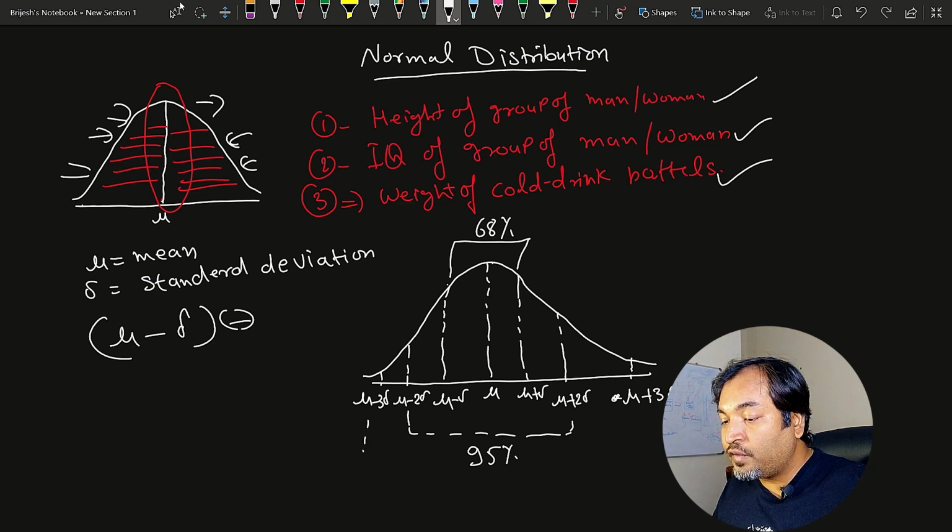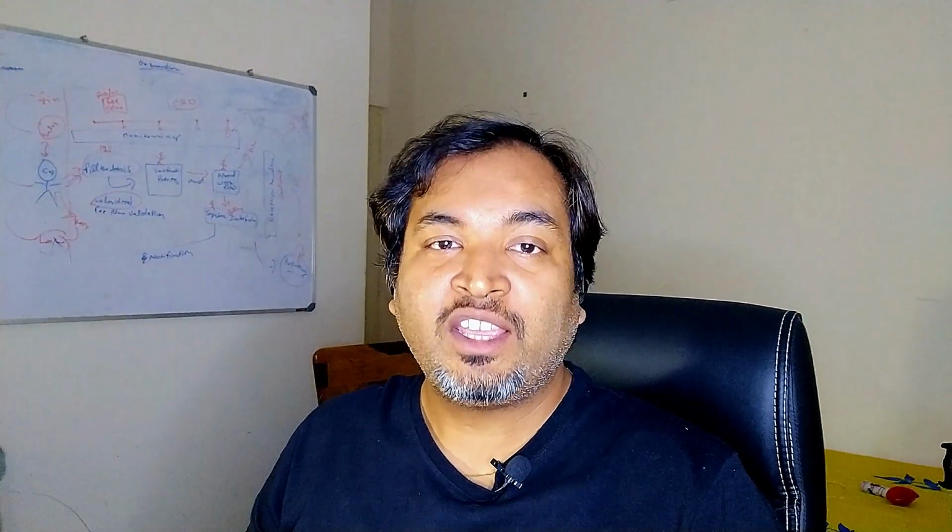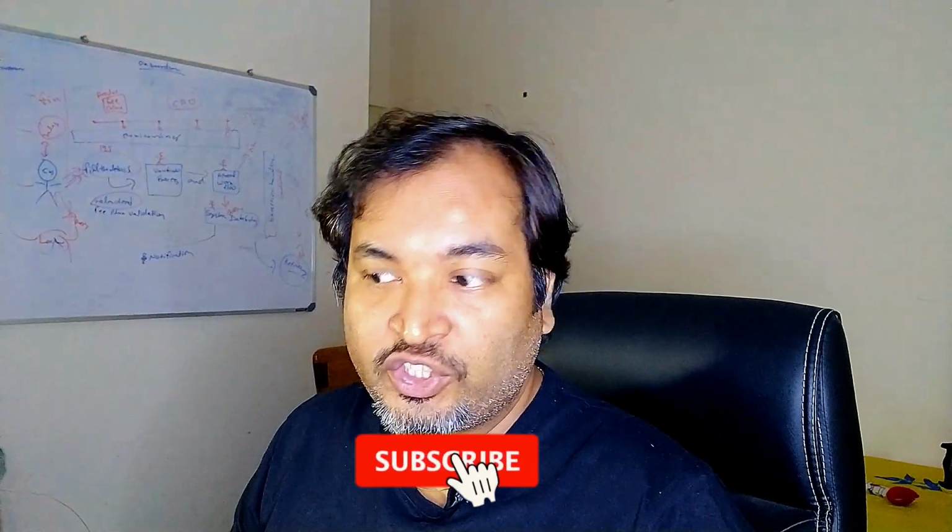And if you go further to mu minus 3 eta and mu plus 3 eta, this will be around 99.7%. This is also called the 1, 2, 3 rule of normal distributions.